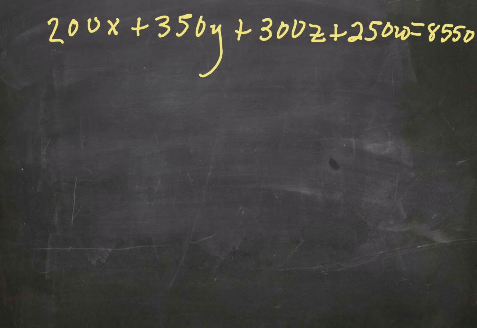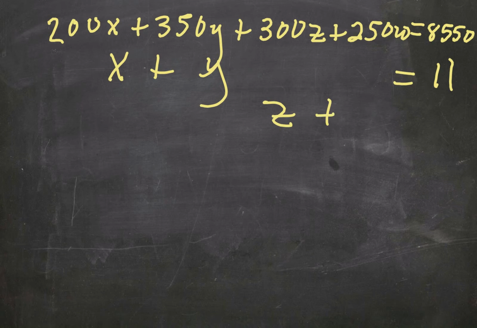Then remember, we had the total number of loads sent by Factory A, and that was x plus y equals 11. Then we had the number of loads that Factory B sent, which was 24, so z plus w equals 24. You'll notice I'm lining these up. And then what else do we know? We also know how many loads each store received.